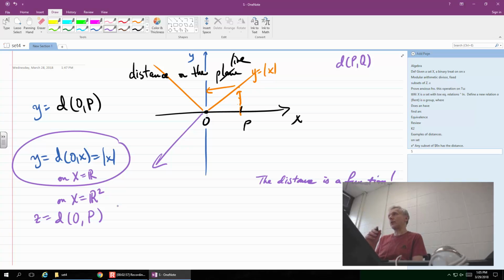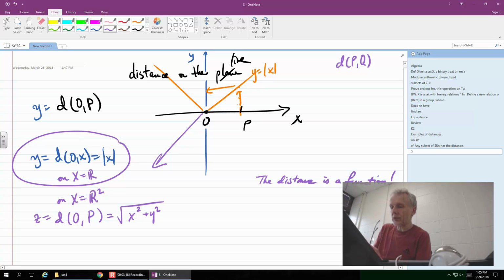So not two variables, a point on the plane, or a vector, doesn't matter. As we know, it will be computed by x squared plus y squared, right? So in that sense, it is a function of two variables. It will be confusing if you think that way until we move on to the actual metric.